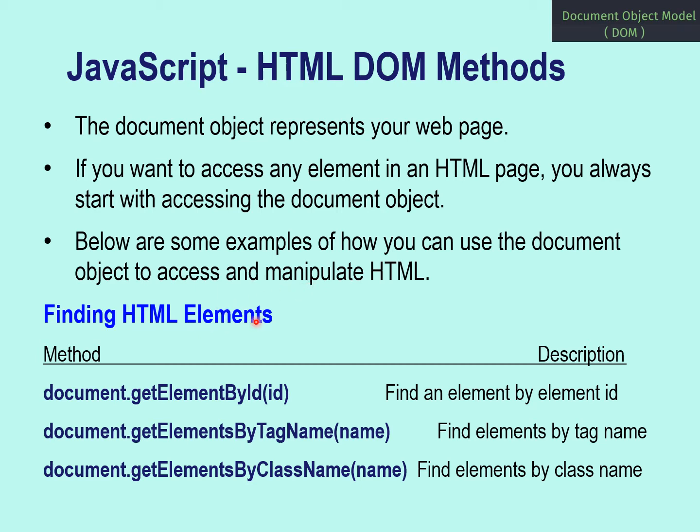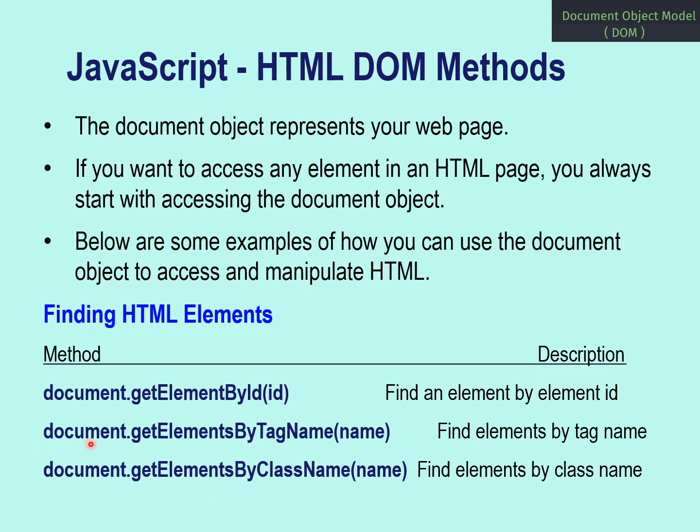For finding the HTML elements, some methods are given and their descriptions are also mentioned. First is document.getElementById. It always takes an ID value. So this method is used for finding an element by its element ID.